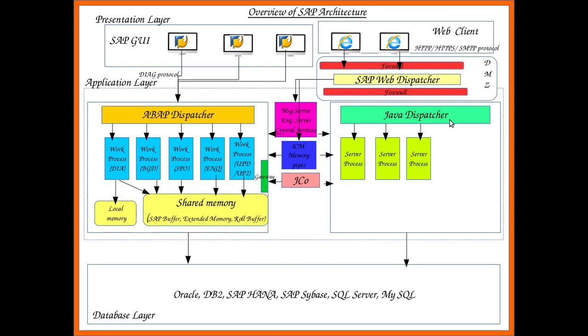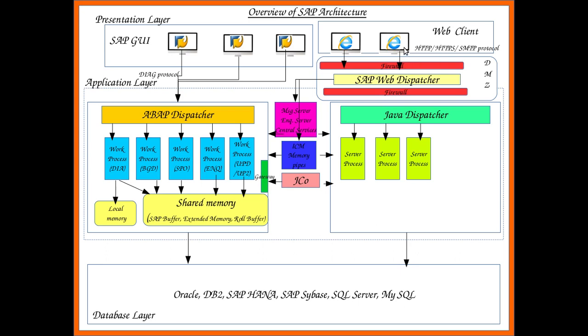The Java dispatcher forwards the request to the Java server process, and once the Java server process has executed the code, it sends back the response to the particular web client.